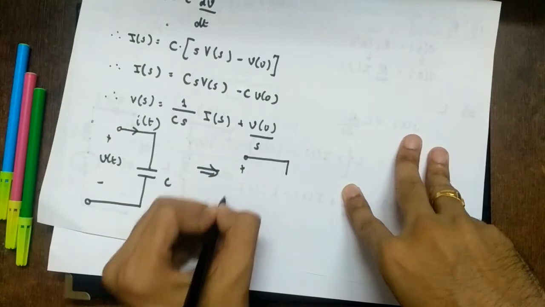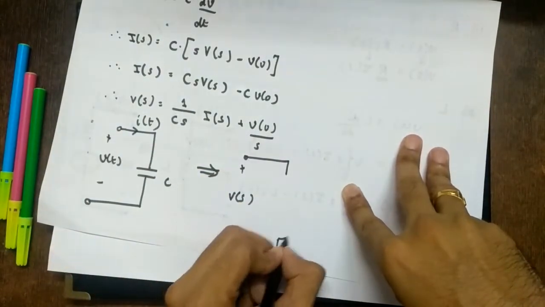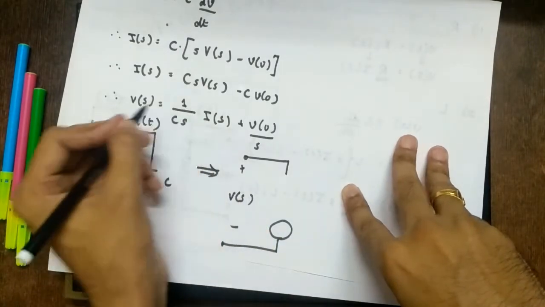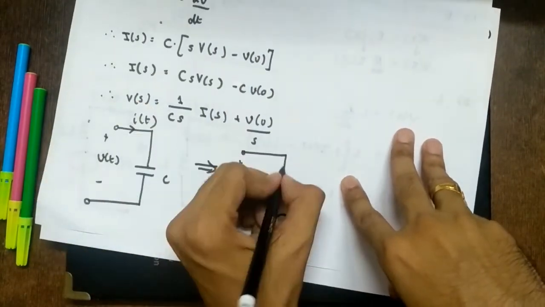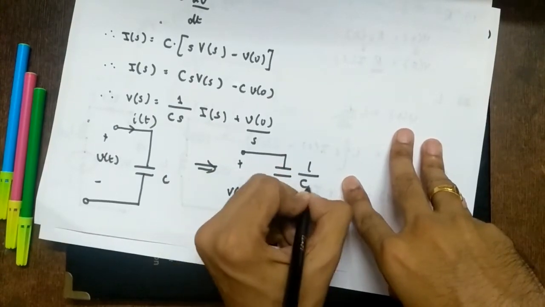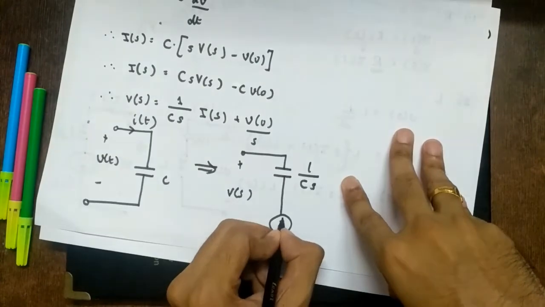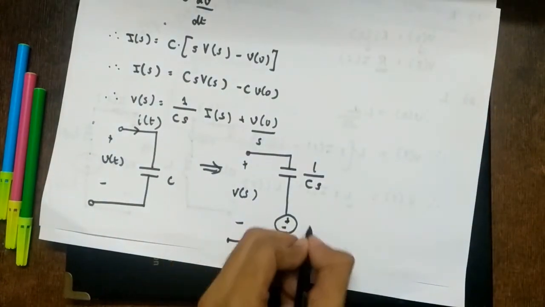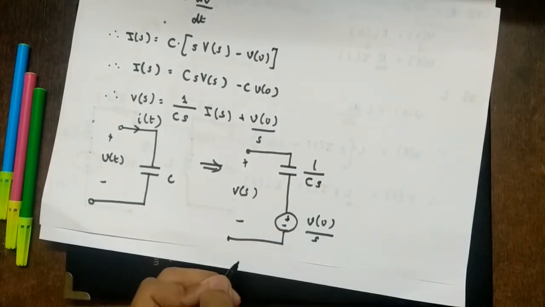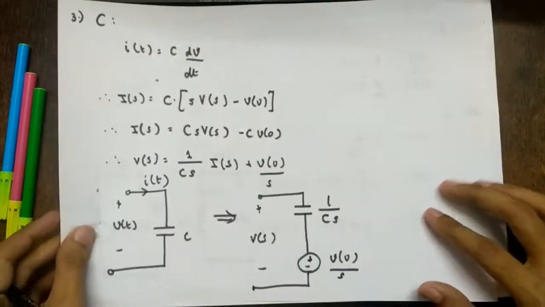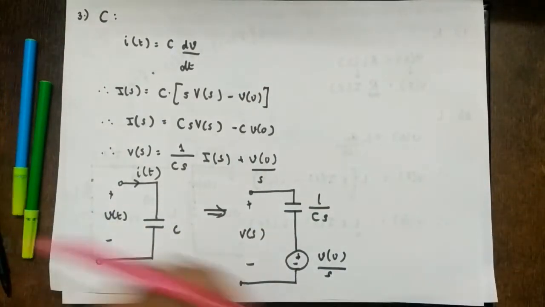Again I have a voltage source. V is again I into R, so the capacitor value is becoming 1 by Cs. Here it is going minus, so this should be plus, this should be minus, and the value is V of 0 by s. So what I want to tell you is there is no need to learn by heart how we get this conversion.